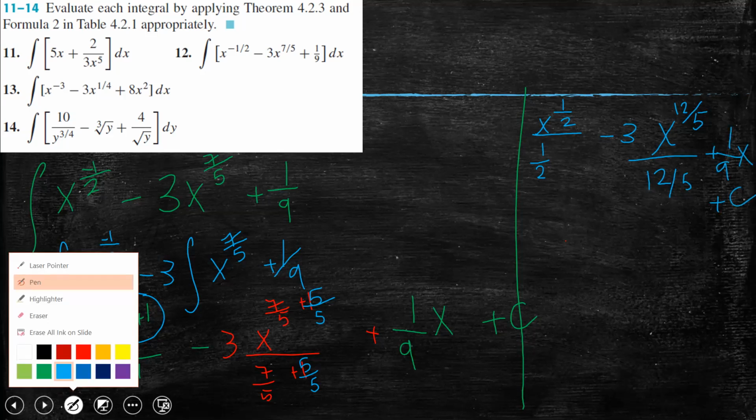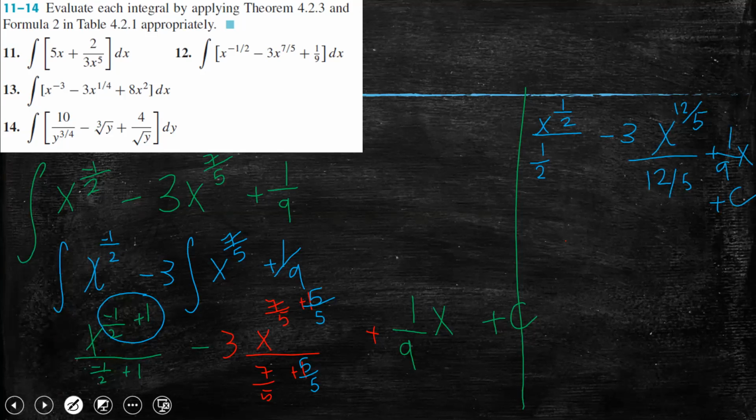Then here now 1 over half, I mean the reciprocal of it, so it is 2 square root of x minus now 3 over 12 over 5. It's like this, 3 over 12 over 5. That means 3 divided by 12 over 5.